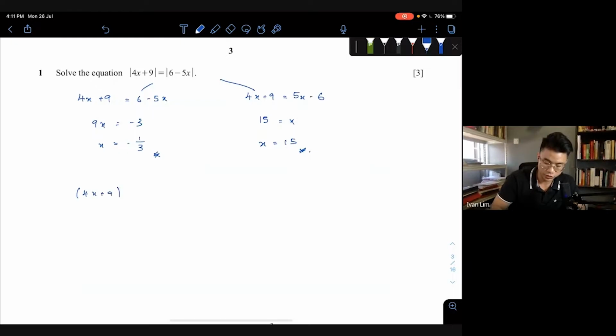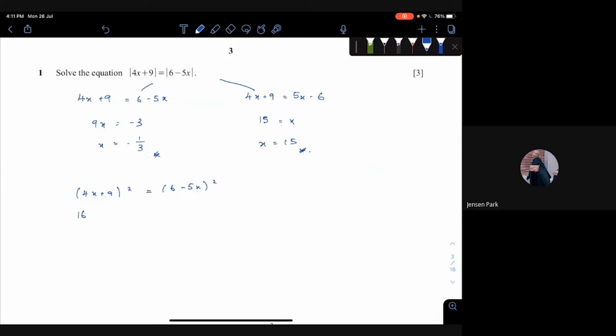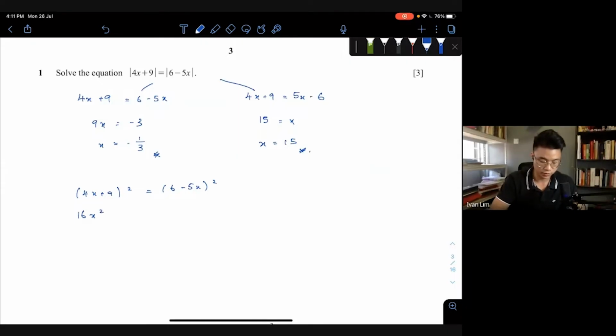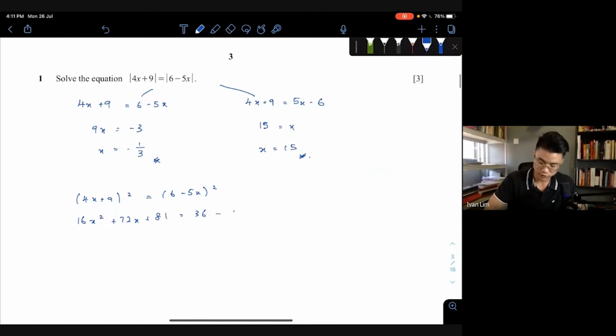4x plus 9 squared equals to 6 minus 5x squared. I think this one, from one equation, then you can solve already. So 16x squared plus 72x plus 81 equals to 36 minus 6 times 5 times 2, 60x plus 25x squared.